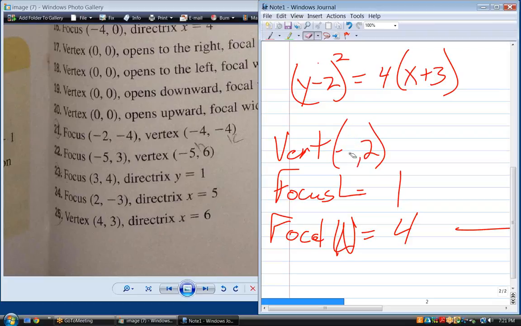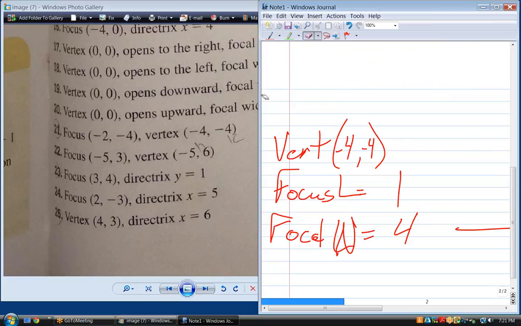So the vertex is -4, -4. The focus is at -2, -4. So that should allow us to figure out p. Okay, hold on a moment.